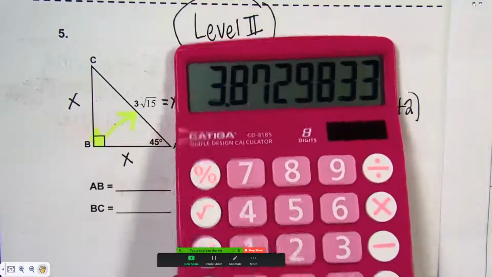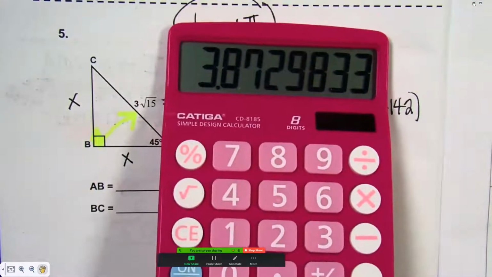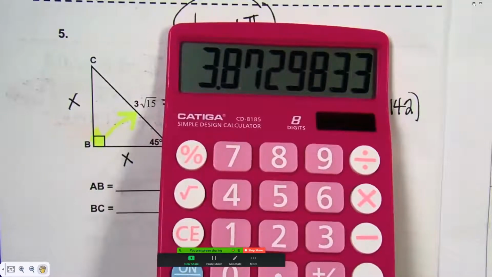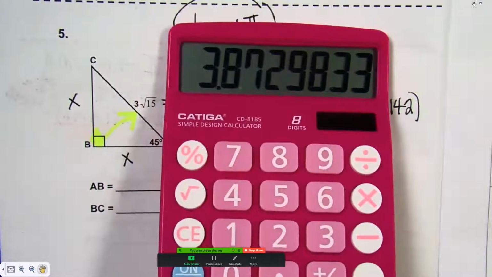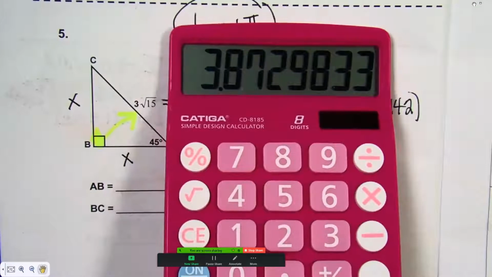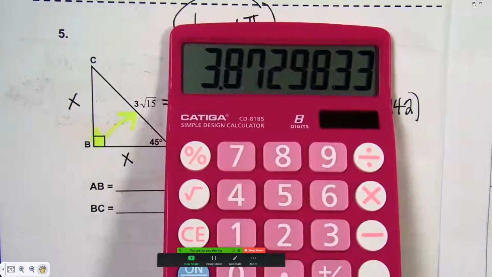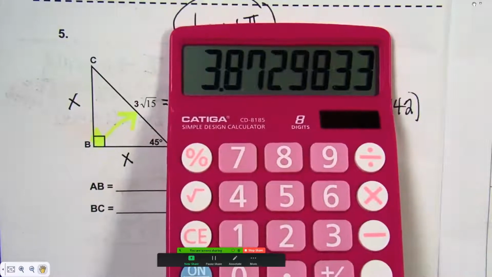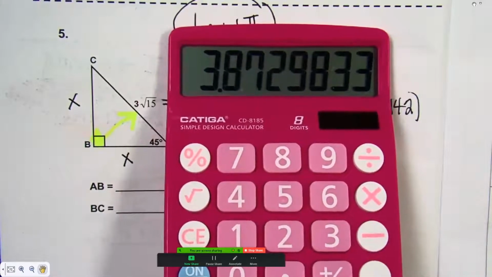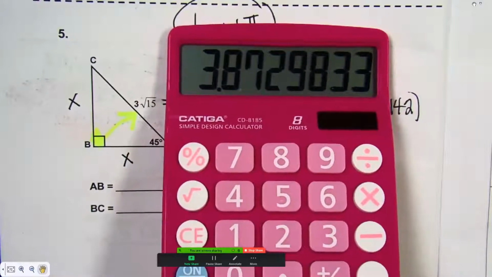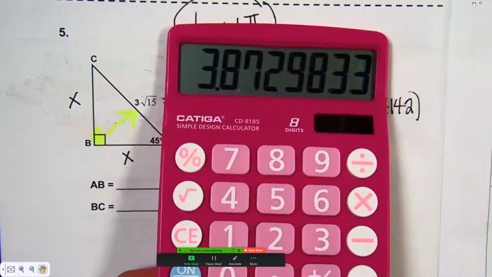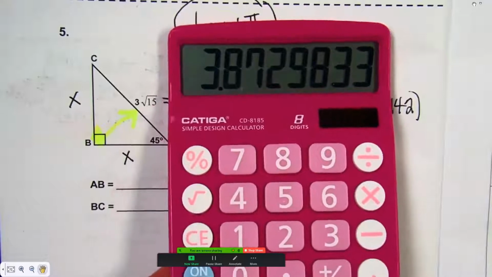I need someone else to please confirm they got that for the square root of 15? Yeah. Anybody else? No? Am I getting this wrong? You did? Okay, thank you.